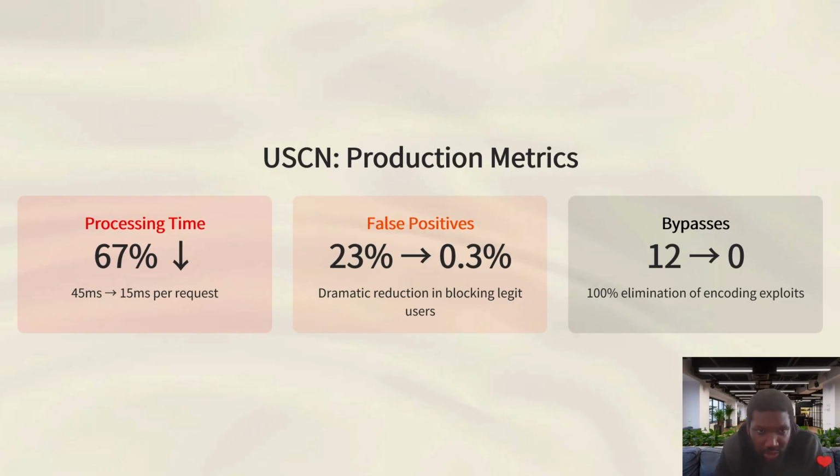UCN production metrics. Processing time 67, 4.40, from 5 minutes to 15 minutes per request, every request on your server. False positives go from 23 to 0.3. It cuts down the legit false positives, true positives, false negatives.